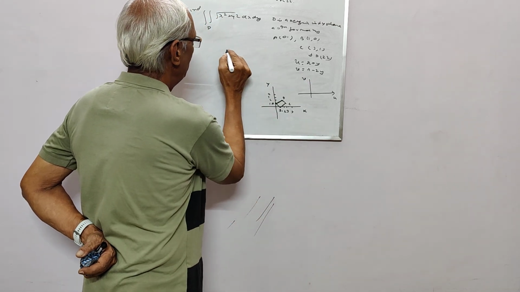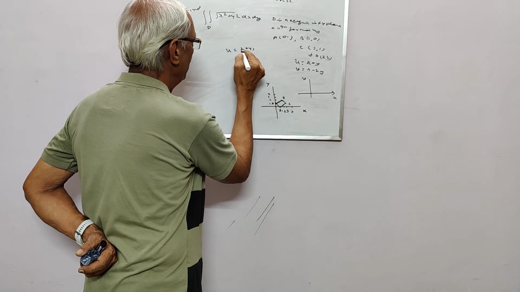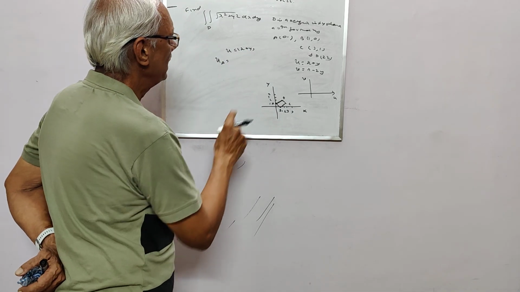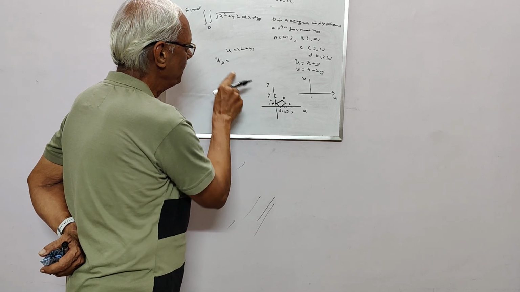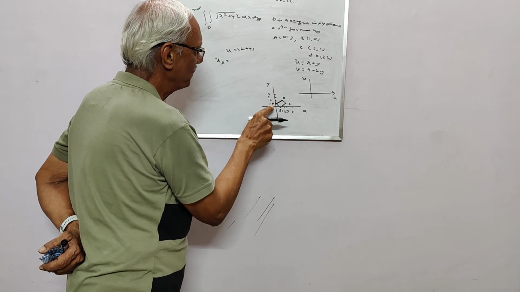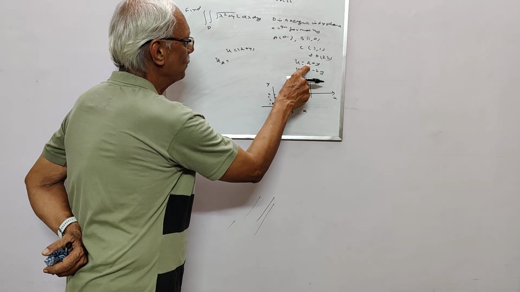Now, let me write U is equal to X plus Y. When you put A, for A, if you are going to give U of A, what will be U if that A point is taken? What will you get here now? This is the transformation.